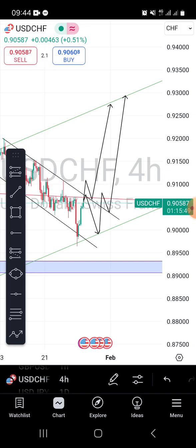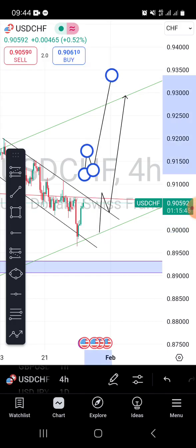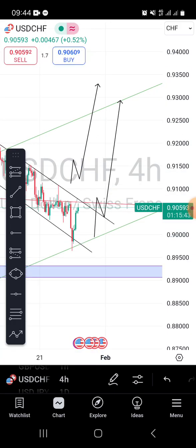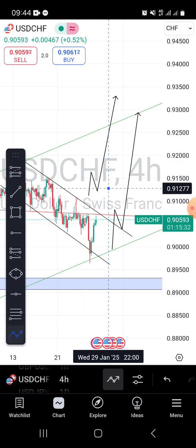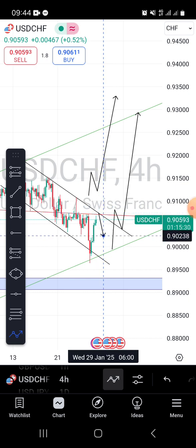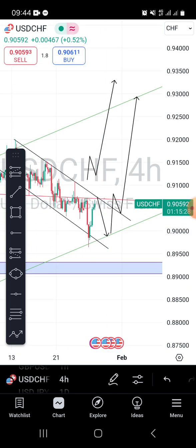Our first interest now is if we see any rejection at this point, this area it is now, any rejection here, we take the sell to the downside ASAP. That's our first point of interest.